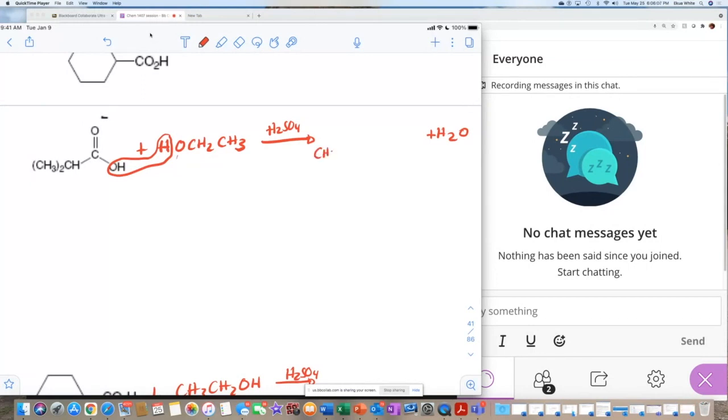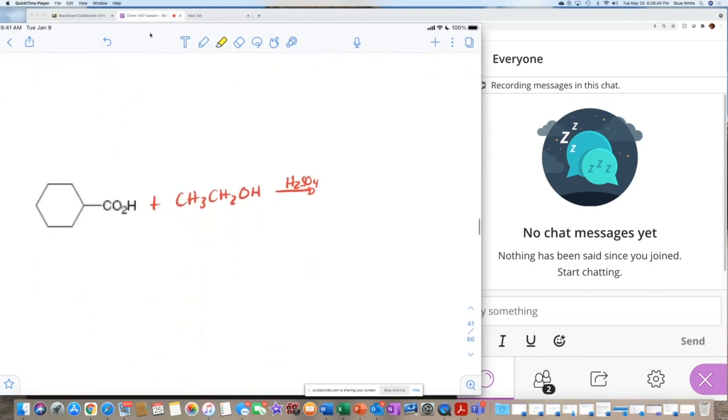CH3 parentheses 2 CH, single bond carbonyl, and then down here, O, CH2, CH3. So this is the new group that came in, right? Once the OH left, the leaving group left, and the OCH2CH3 came in like the substitute and took over where OH left.